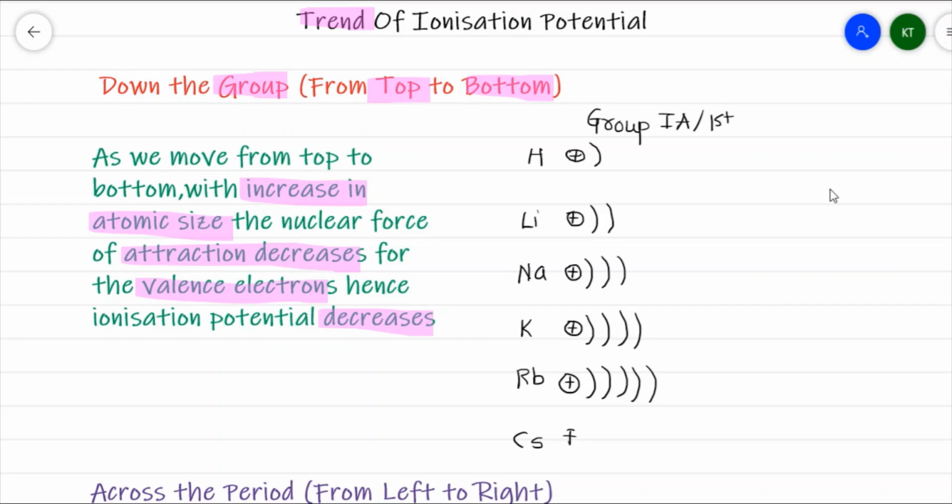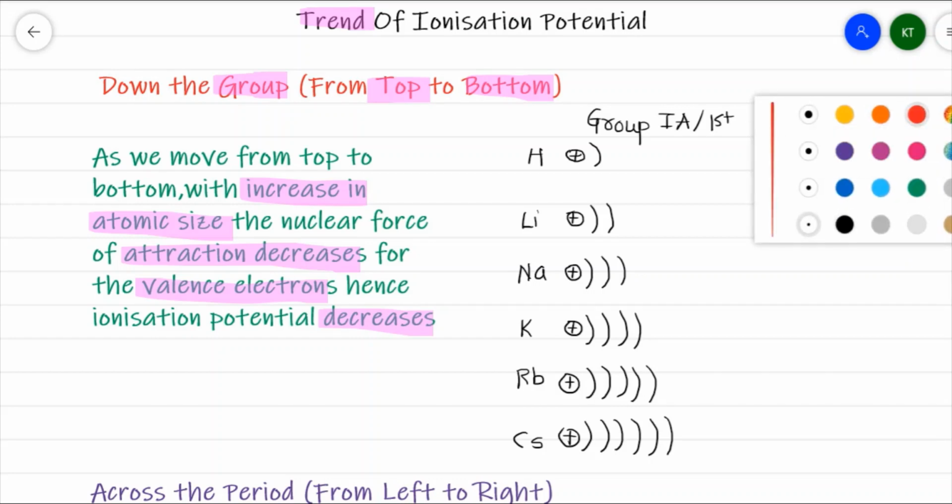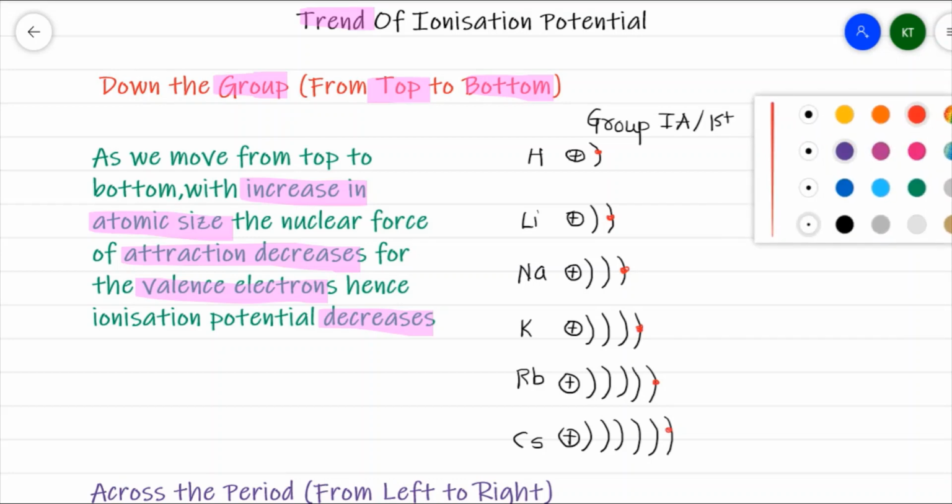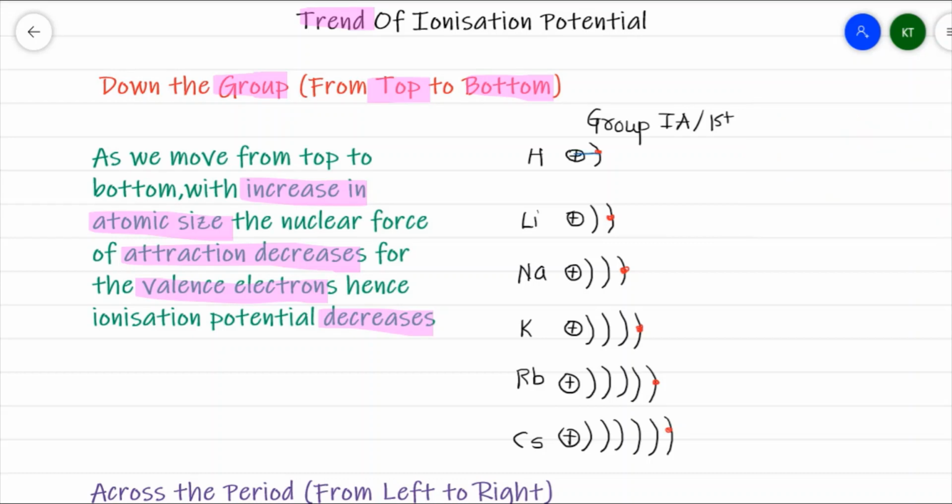And this is the nucleus of cesium with 6 shells. In the valence shell, they have 1 electron. Now, as you can see from this diagram, the distance from the center of the nucleus to the outermost shell goes on increasing as I move from top to bottom.